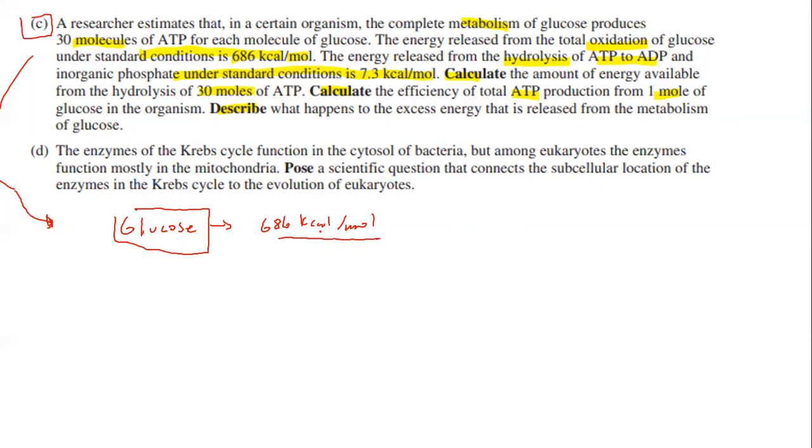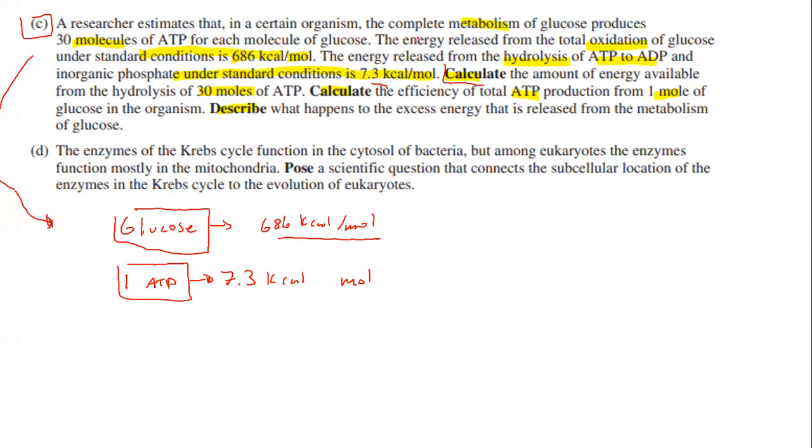One ATP can provide, according to this rubric, 7.3 kilocalories per mole.